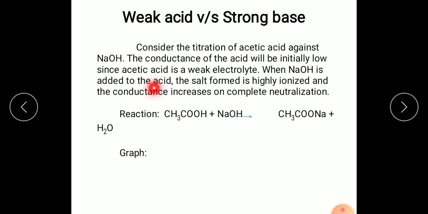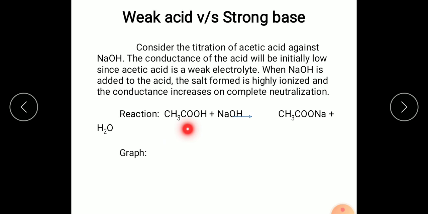I hope you know what a weak acid is. In a strong acid like HCl, you observe complete dissociation into H plus and Cl minus ions. Acetic acid does not dissociate completely in water, as it gives acetate ions, so this acid is called a weak acid.